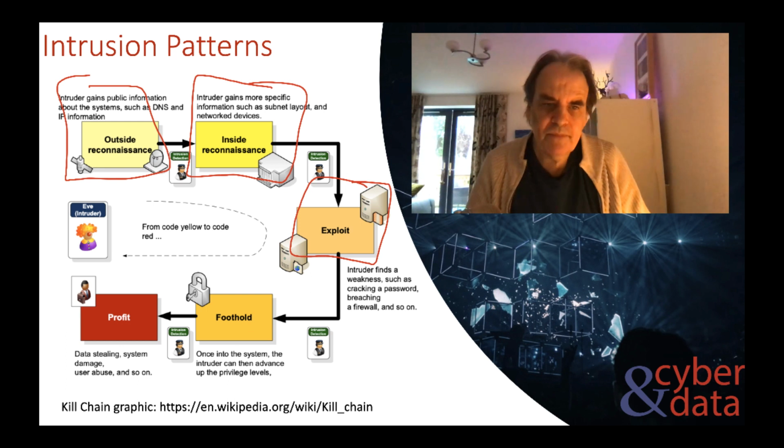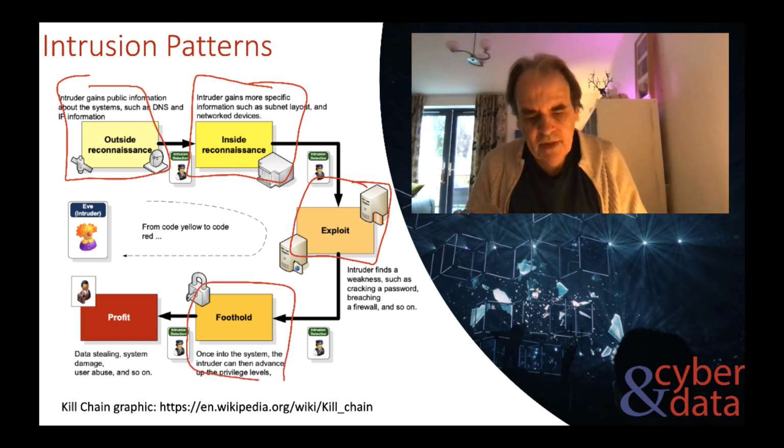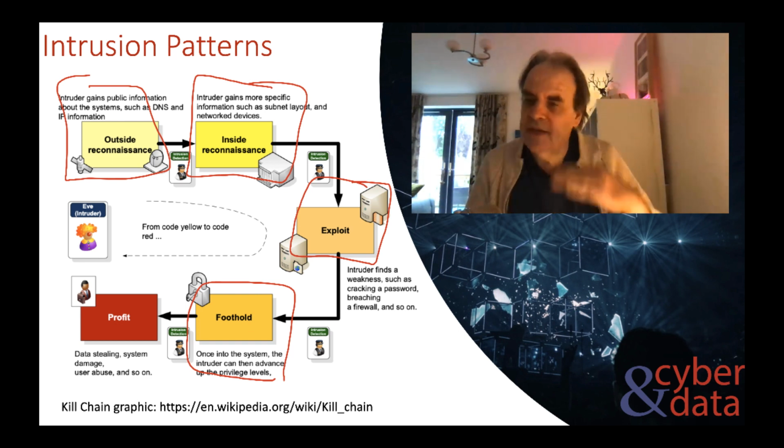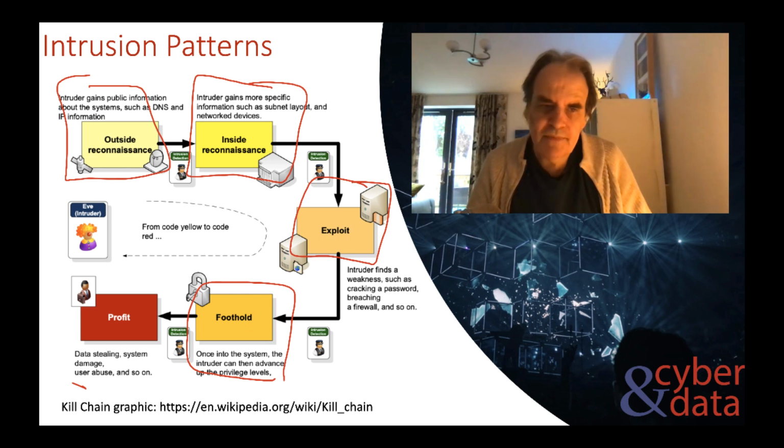and so on. After that, we may see the intruder then getting to the point where they gain a foothold on the system. So it might be a low-level account and then an escalation up onto there. And then finally, the intruder will get to some sort of profit.